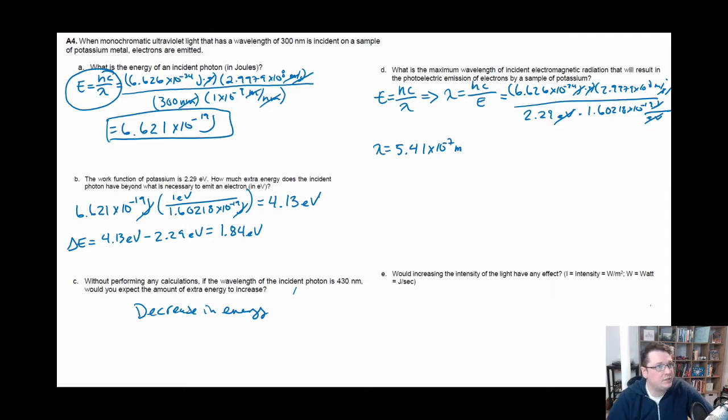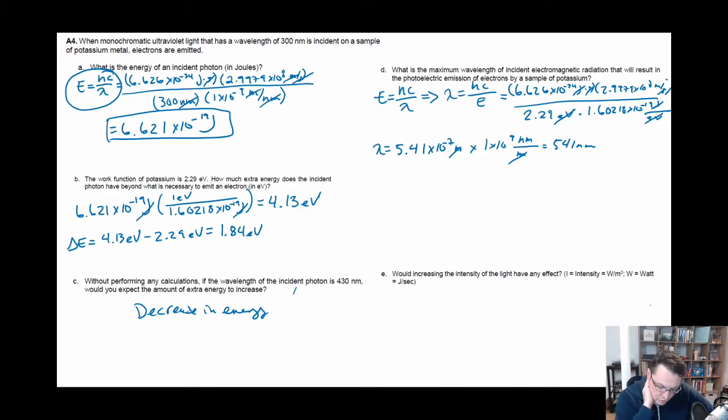We can convert that into nanometers by multiplying by 1 times 10 to the 9th nanometers per meter, so the meters cancel. What we get is that the wavelength of light is 541 nanometers, and I think that's what I have in the key.